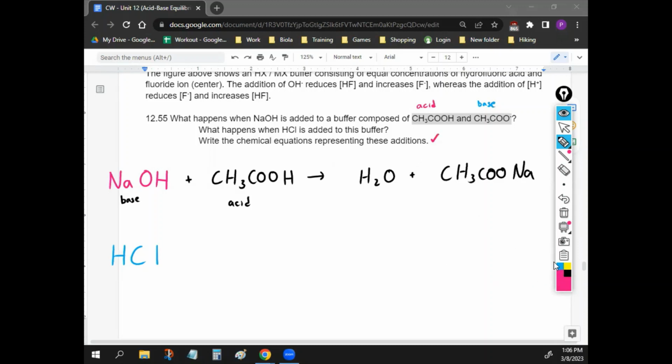Now we need to figure out what happens to this reaction. If NaOH is added, what's going to happen to the concentration of your acid? It's going to go down, which means what's going to happen to the concentration of the base? So you can briefly describe that the concentration of the acid is going to decrease and the concentration of the base is going to increase.